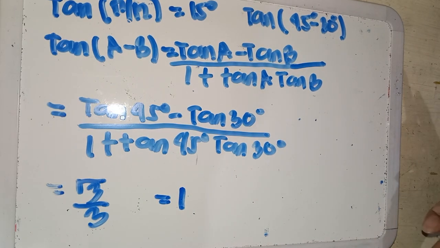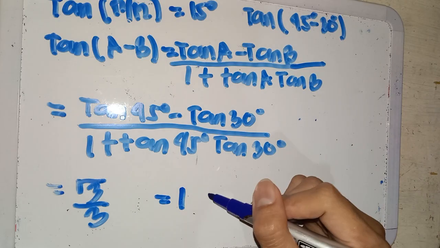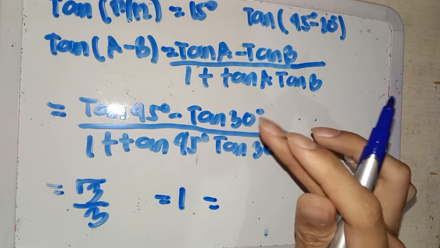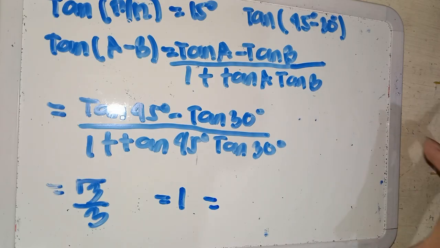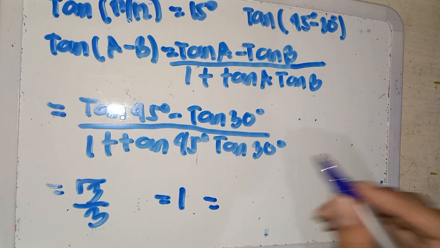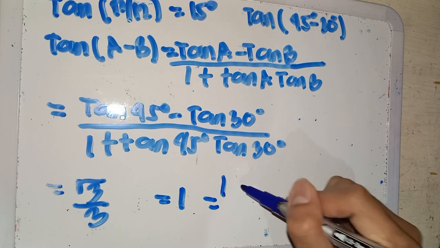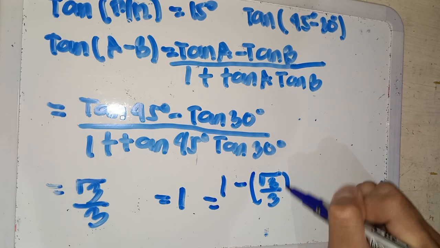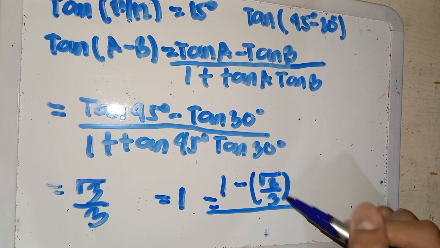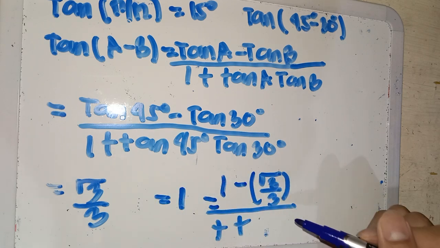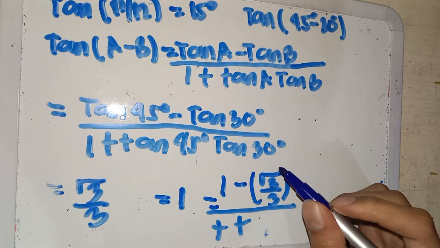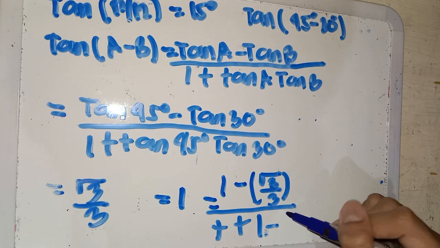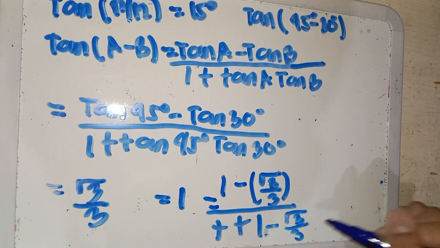Now, let's proceed to the next solution. Since tan 45 is equal to 1 and tan 30 is root 3 over 3, we can write that as 1 minus root 3 over 3 over 1 plus root 3 over 3.